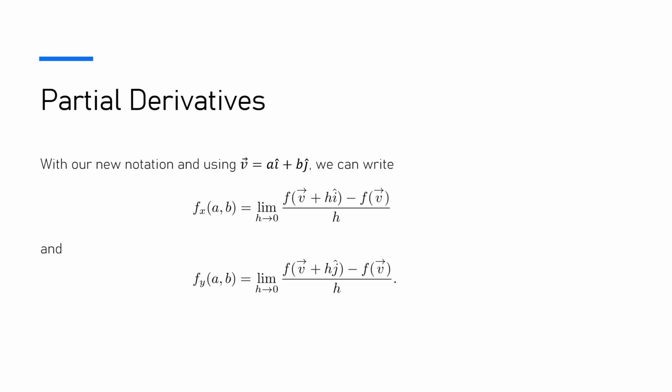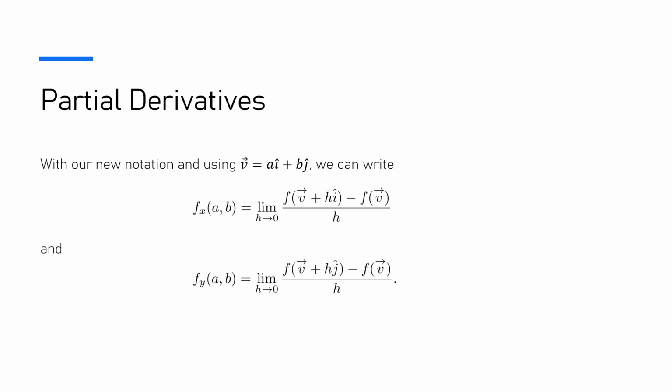With this new notation, this is just f of v plus hi, because that's only affecting the x component, minus f of v, over h. And similarly for f sub y at a, b, we have f of v plus hj minus f of v, over h. So this just takes the partial derivatives we're familiar with and puts them in this new vector notation. Nothing really new here, just new notation.